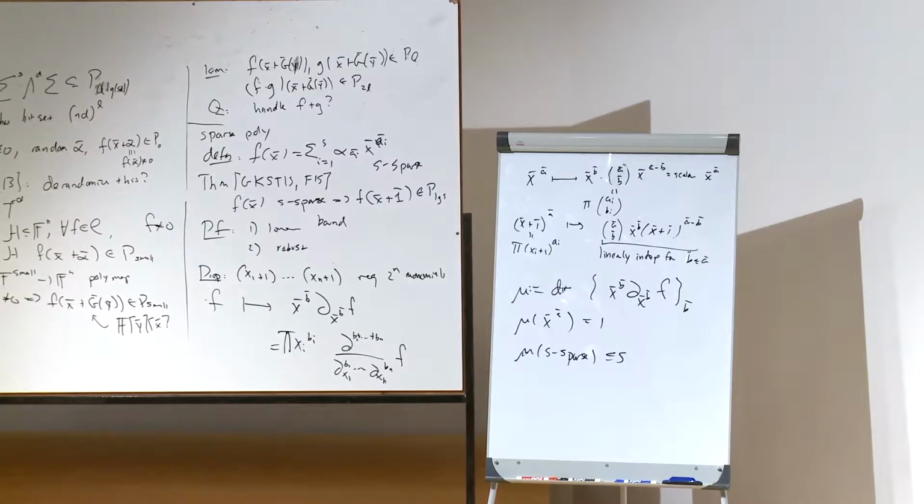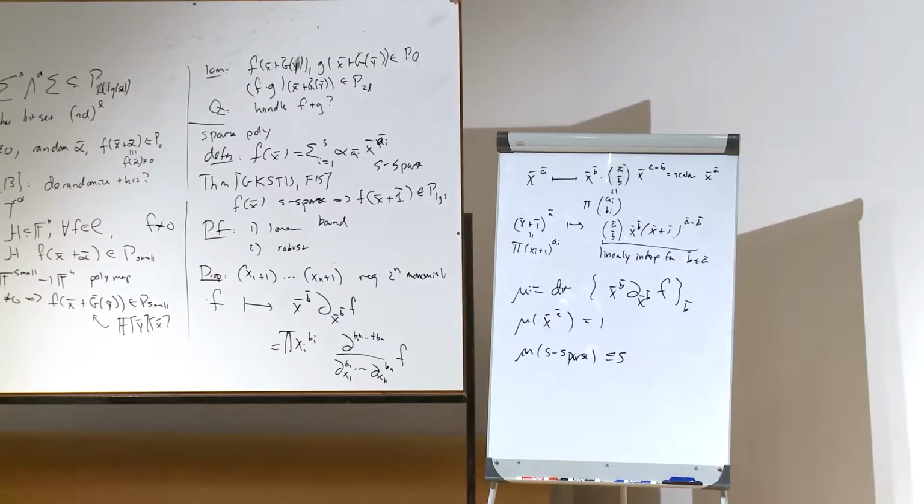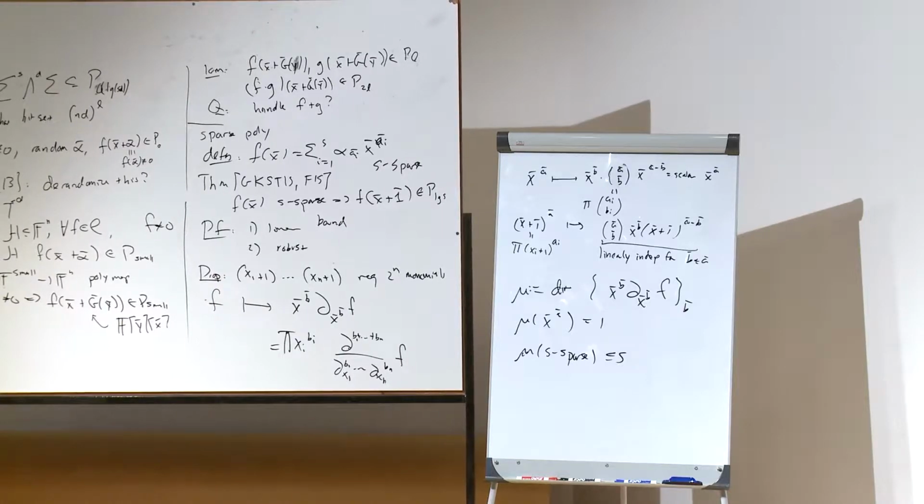And as I already argued, this measure should be large. And because the measure is large, it basically concludes the lower bound.